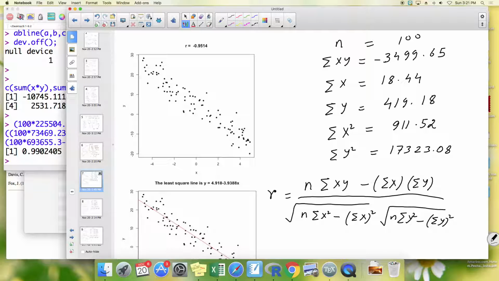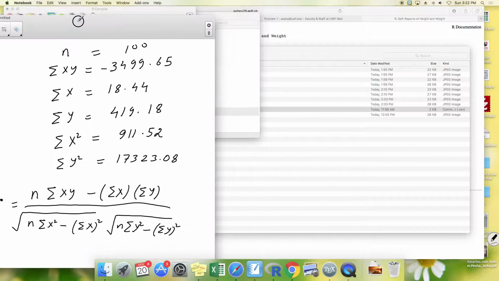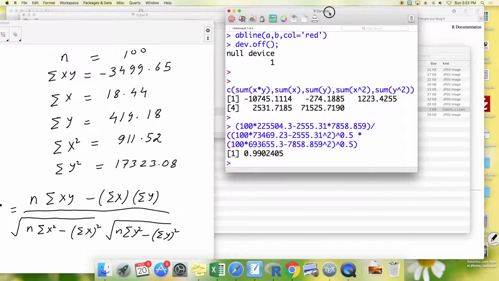So with these values, let's calculate r. First the numerator, 100, that means n times summation xy.